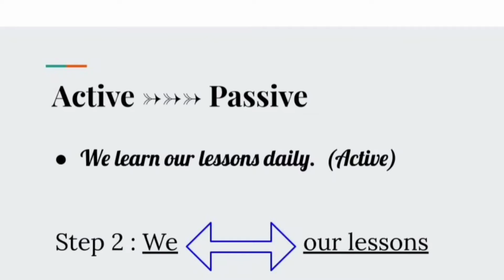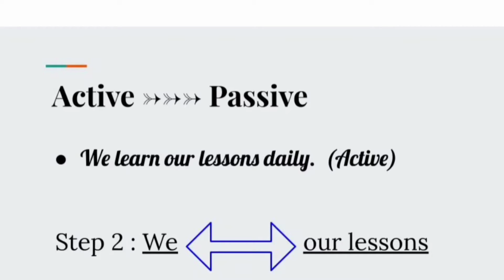Step number 2. Swap subject to the object and object to the subject. That is, we in the place of object and our lessons in the place of subject. Then we changes to us.